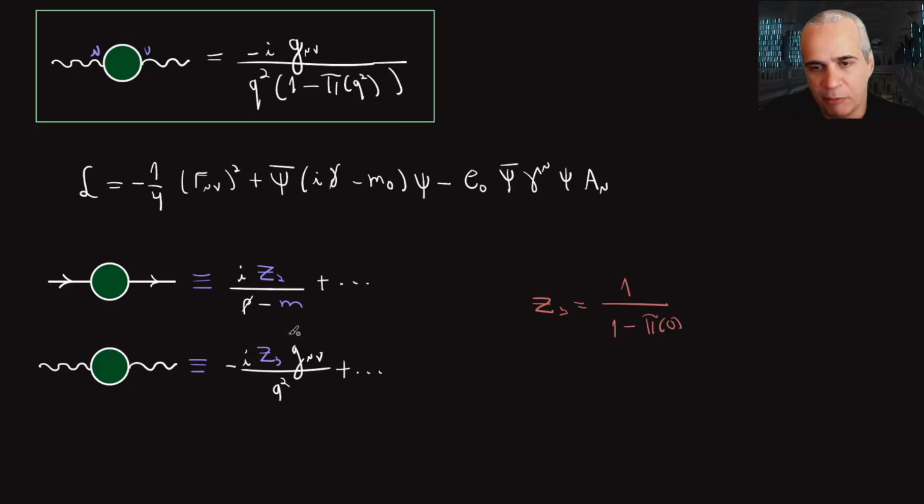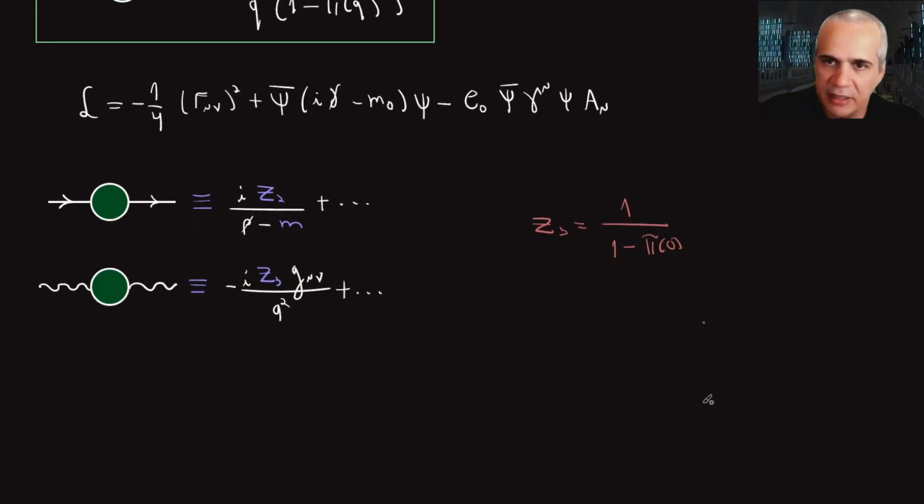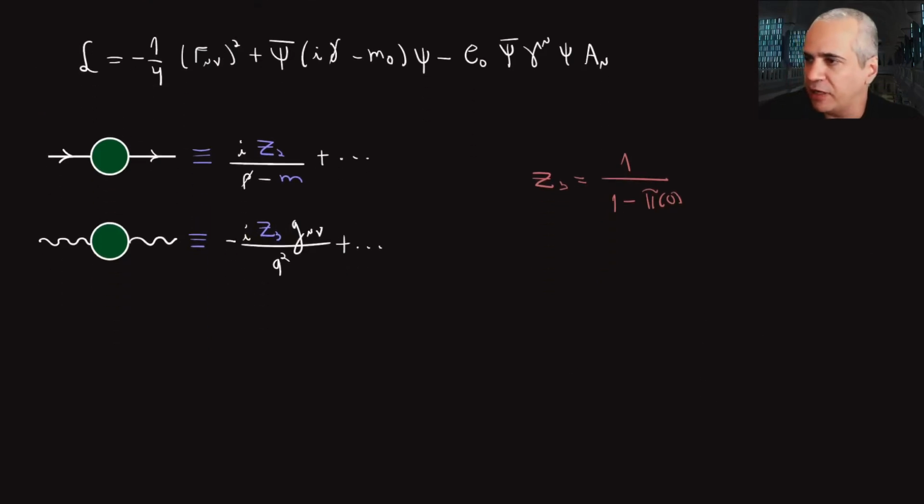And now, if we want to renormalize the theory, we will try to get rid of these Z's in the full propagators. And we can do that by defining the renormalized fields. So I'll exchange psi for the square root of Z2 times a new field, which I'll call psi r.